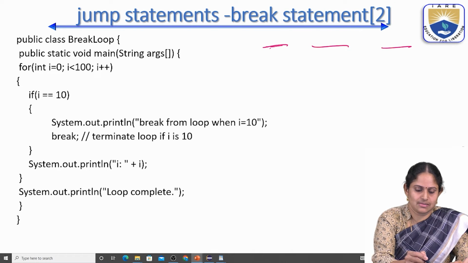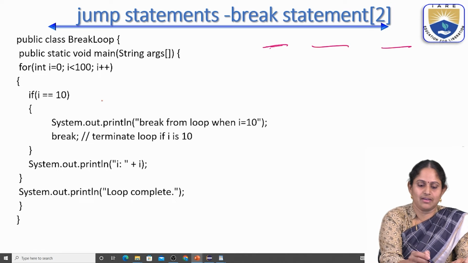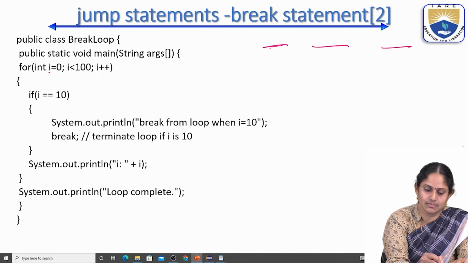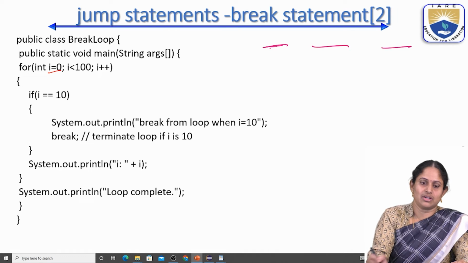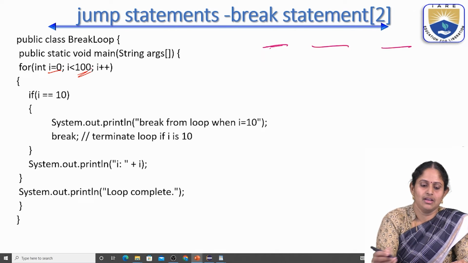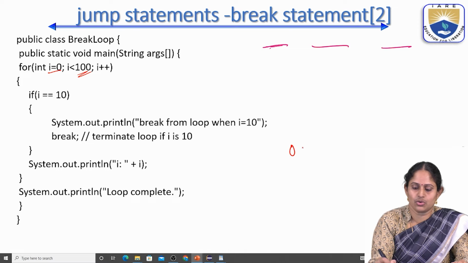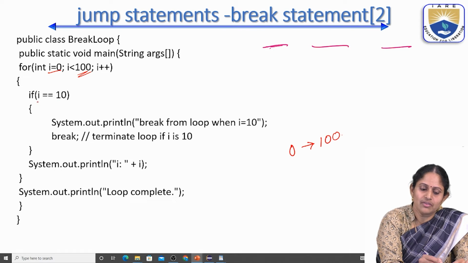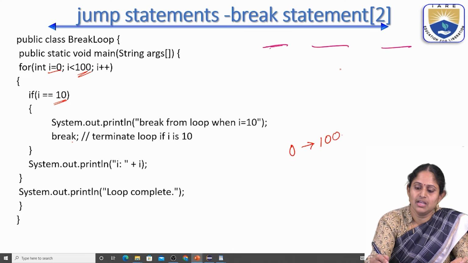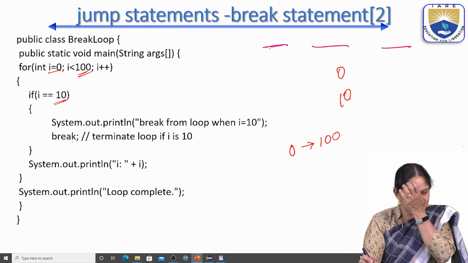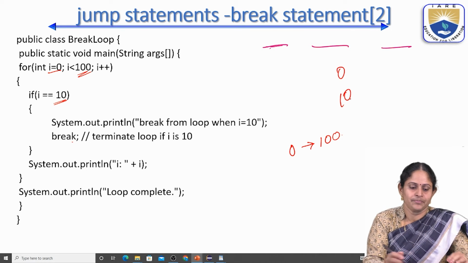We have the iterator variable initialized to 0 and you are looping it till 100, so the I value will range from 0 to 100. When it reaches 10, we are telling it to break. So it will print from 0 to 10 and it will stop.